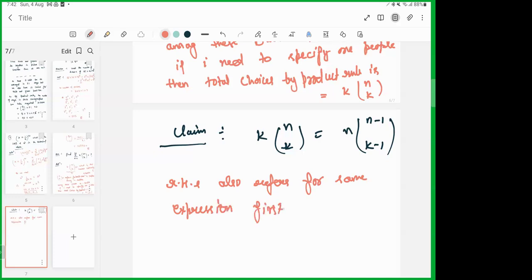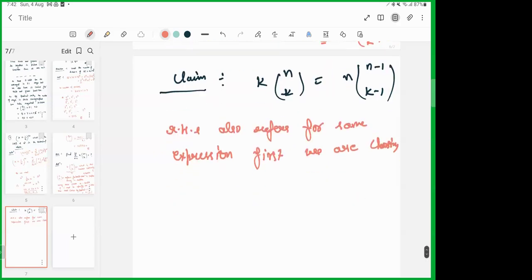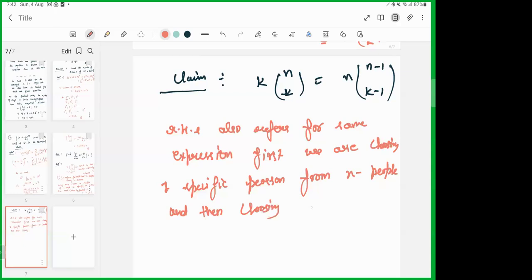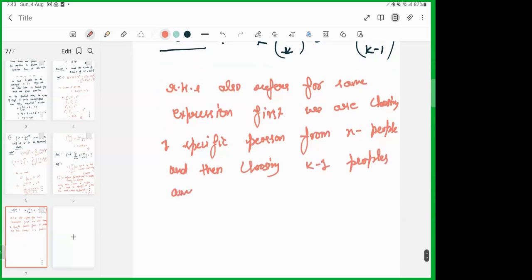First we are choosing one specific person from N people and then choosing K minus 1 people among N minus 1 people. So both the LHS and RHS are the same.